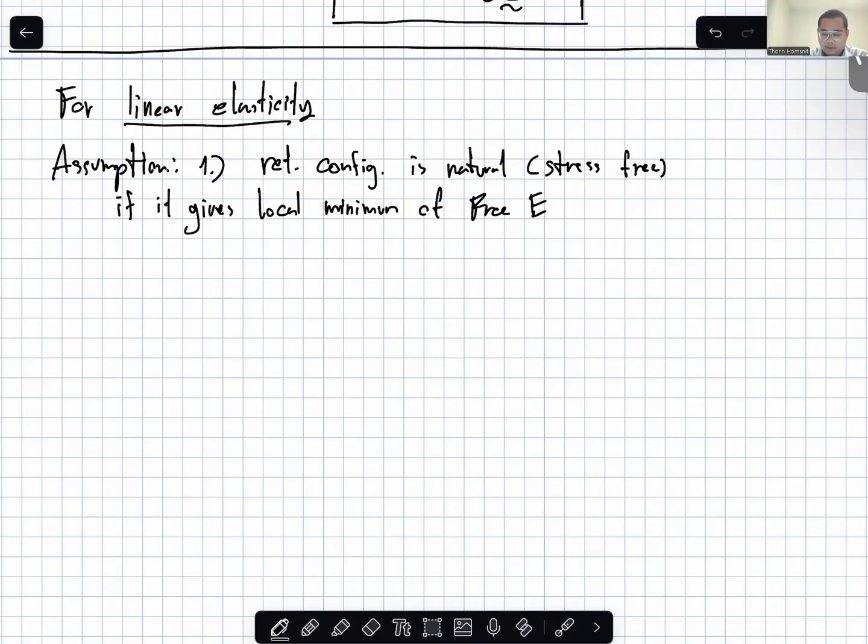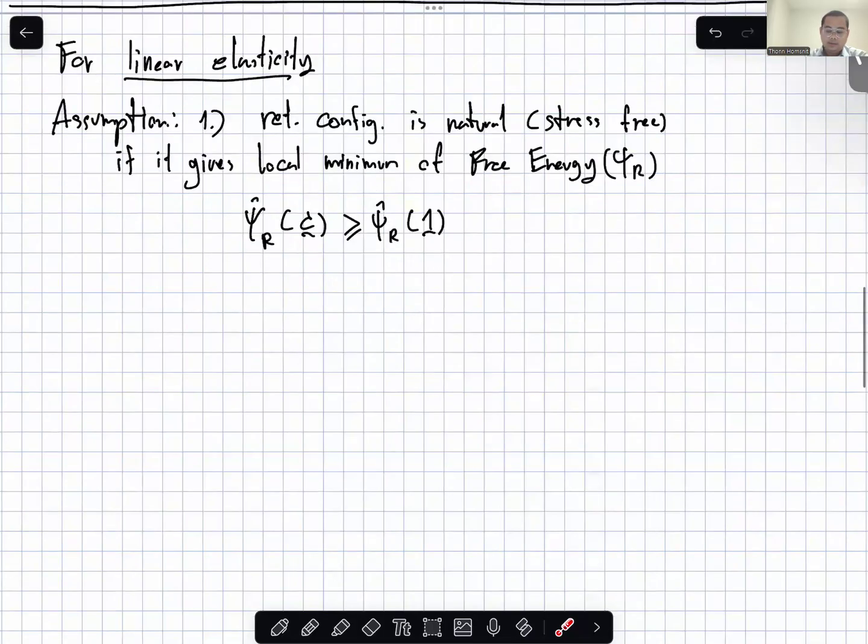So for arbitrary C, we can write that the free energy function for arbitrary C should be greater than or equal to the free energy function when C equals the identity tensor. If C is equal to the identity, it's equal, and for anything other than that, it's going to be greater than the free energy at C equal to identity, in the uniform state.